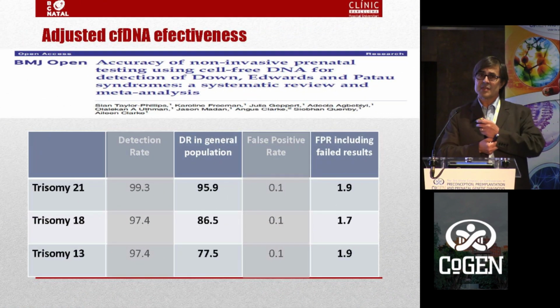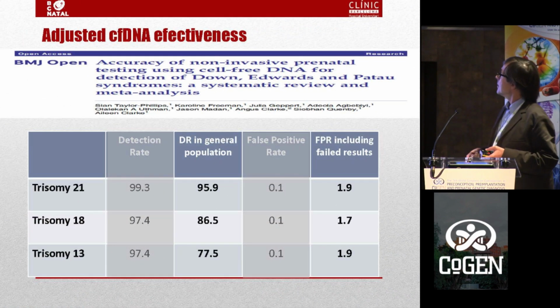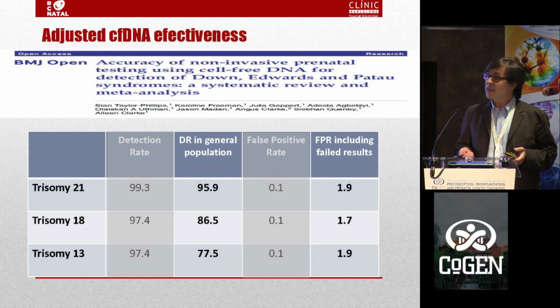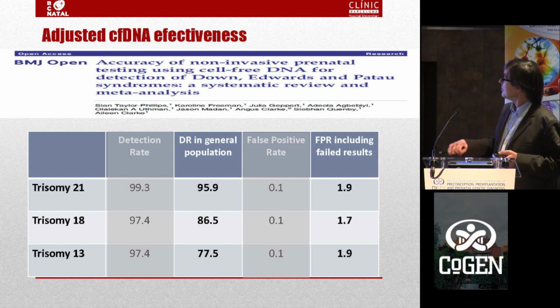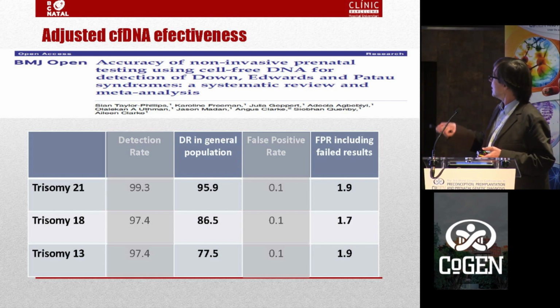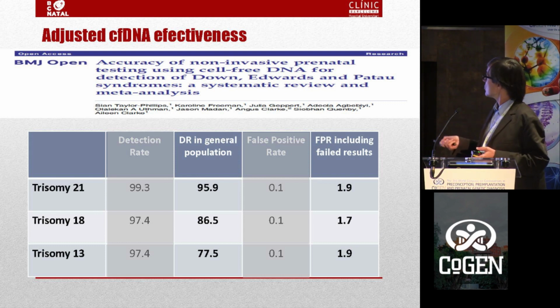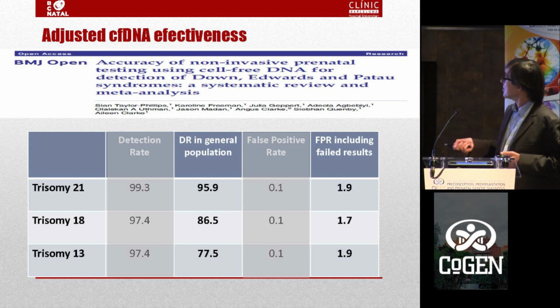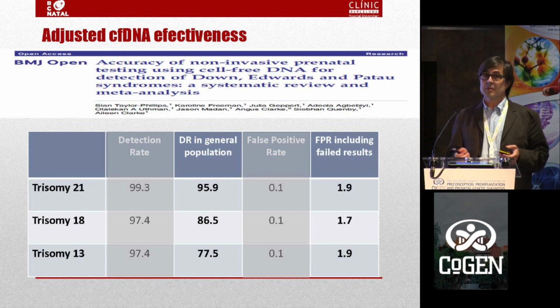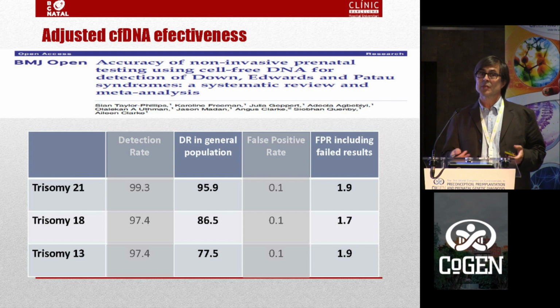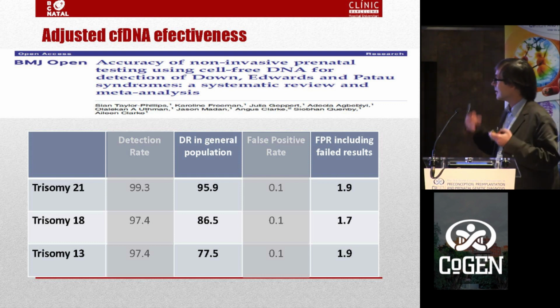So, if we adjust these figures, these are the detection rates in the general population as a primary analysis, and these are the false positive rates, where this meta-analysis has added failed results to the false positives. So we can conclude that these figures are definitely better than the combined test, but not 99.9% by a 0.001% false positive rate, as has been claimed.